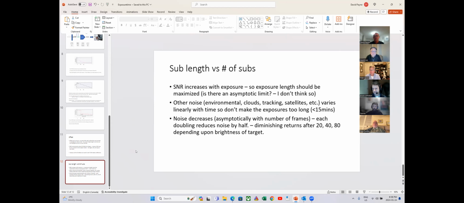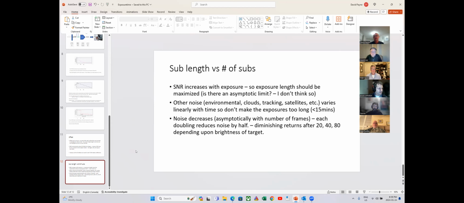The other thing about exposure time, the other limit you need to be aware of, is the longer you have your shutter open, the longer you're collecting those photons, and you're increasing the likelihood that a plane's going to fly in the middle of your frame, a cloud's going to come in, or something's going to happen.